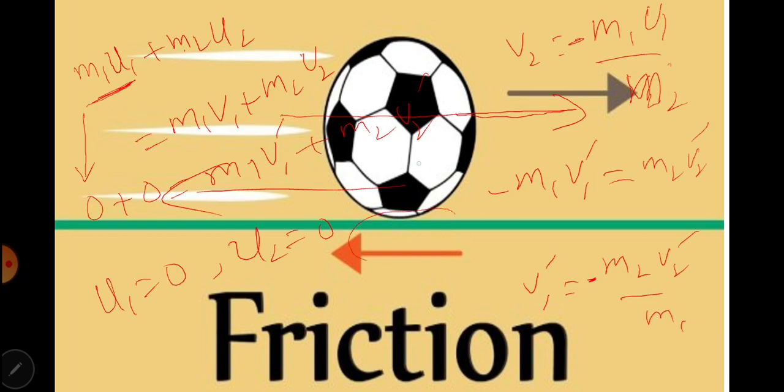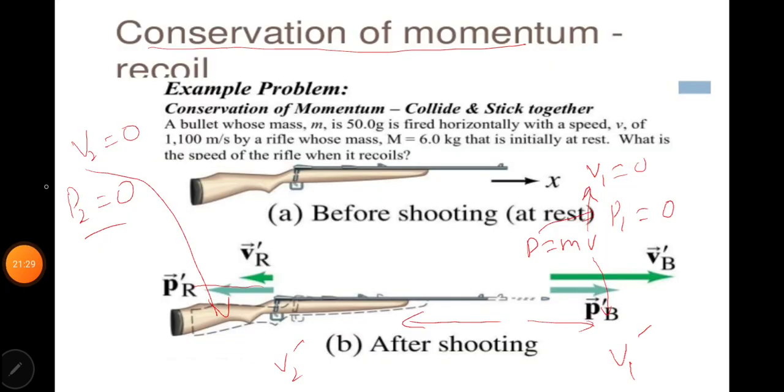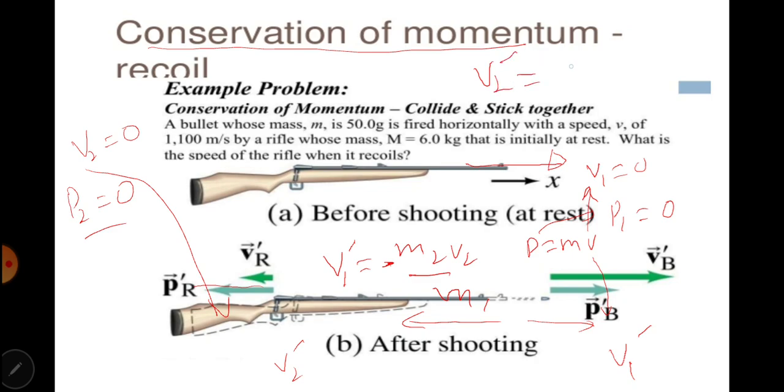So when a bullet is fired from a gun, the velocity of the bullet after firing will be v1 prime, equal to m2 v2 divided by m1 with a negative sign. Similarly, the velocity of the gun after recoiling is equal to m1 v1 divided by m2 with a negative sign.